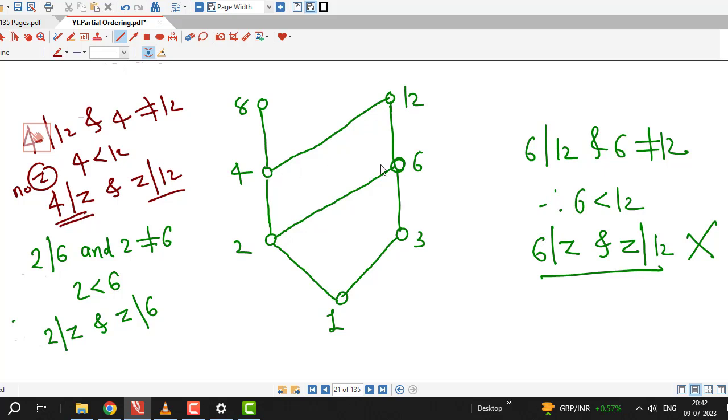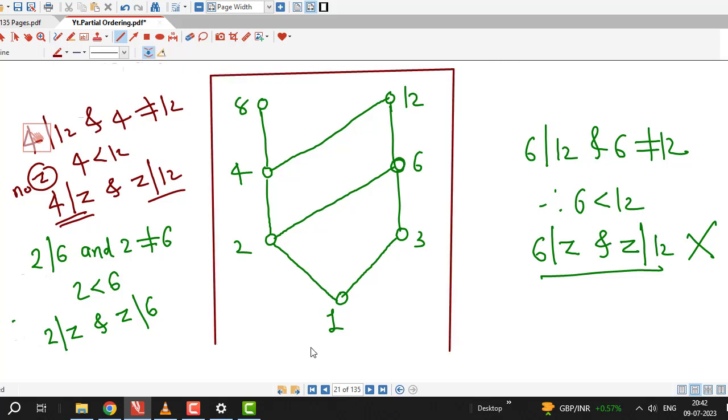Similarly, circles for 4 and 6 are taken as parallel, and the same thing for 2 and 3. In this way we can draw the Hasse diagram of a partially ordered set together with the given partial order relation, and this is the final Hasse diagram for the given poset under the divides relation.